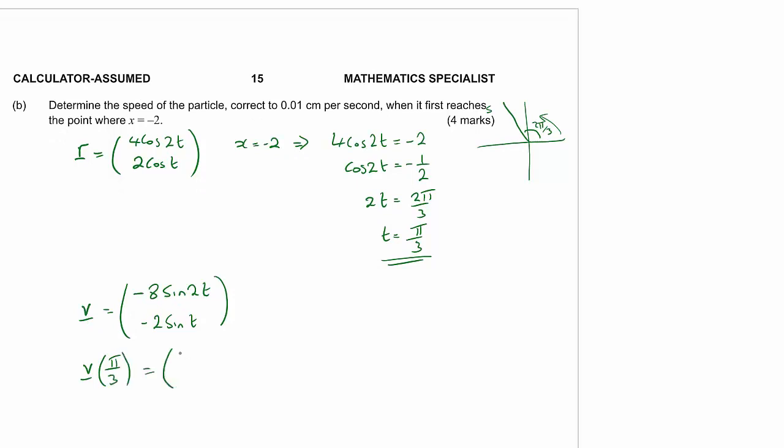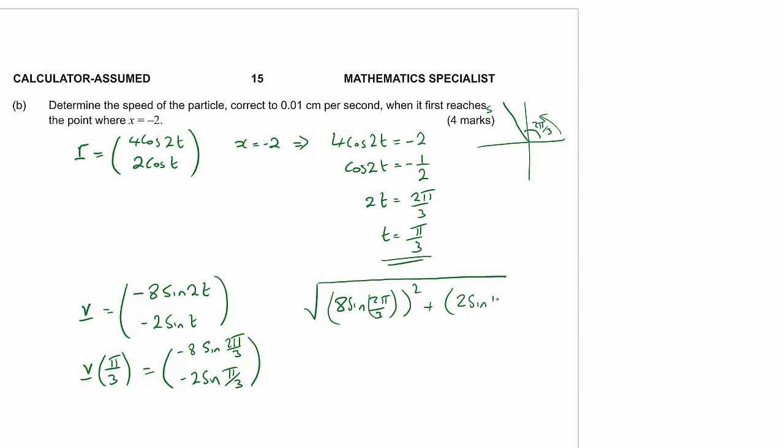So that's going to be -8 sine 2 pi by 3 and -2 sine pi by 3. And so the speed would be the square root of 8 sine 2 pi by 3 squared plus 2 sine pi by 3 squared.